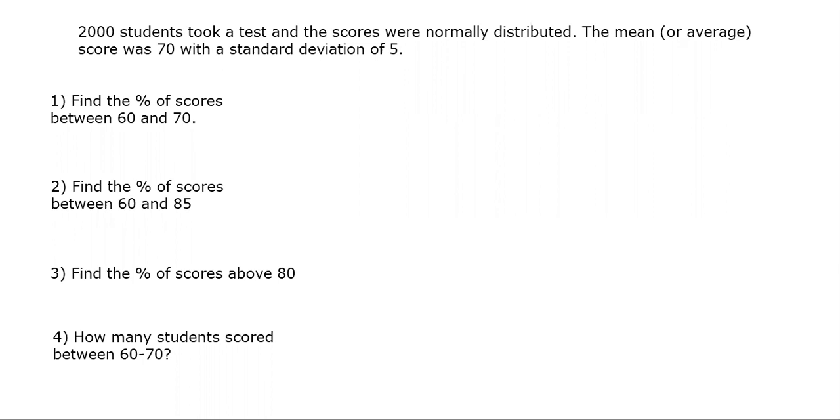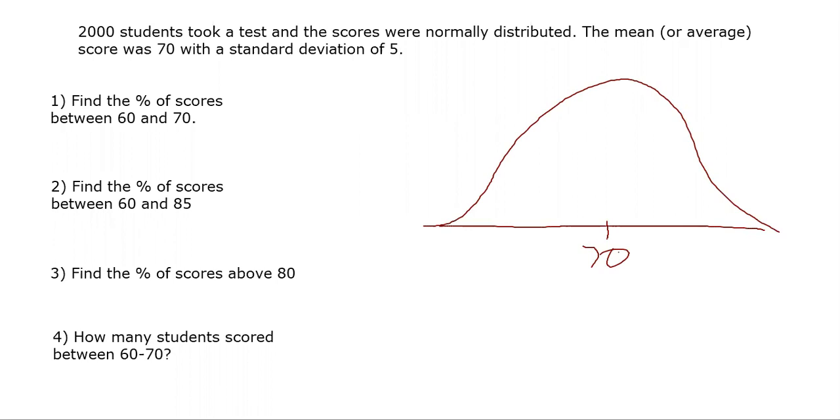Now, the first thing I do when I look at this is recognize that if something's normally distributed, it's going to have that general bell curve, and right in the middle is going to be that average value of 70. If I want to know how spread out this is, I look at the standard deviation.